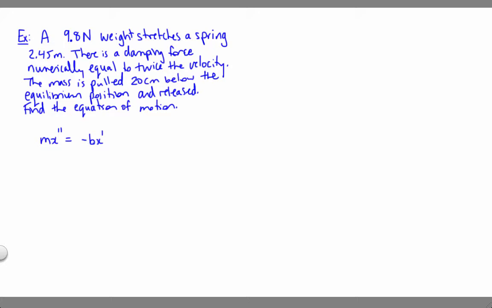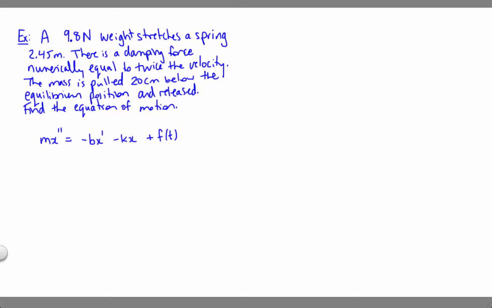So we'll say negative bx prime, b is just a constant here. Then we've got our Hooke's law force, so minus kx. So that's proportional to displacement, and it's negative again because it's acting in the opposite direction of displacement. And then we'll say plus f of t, just in case there's any external force applied to the system.